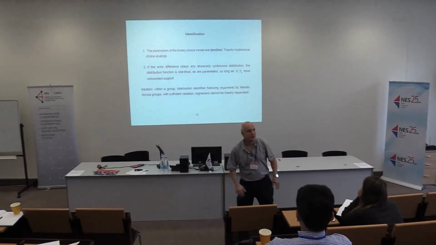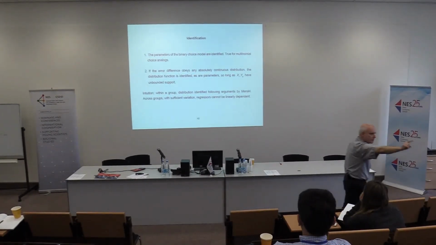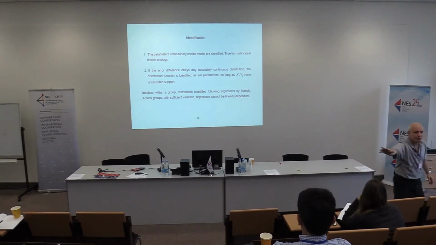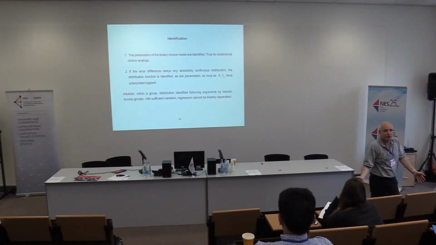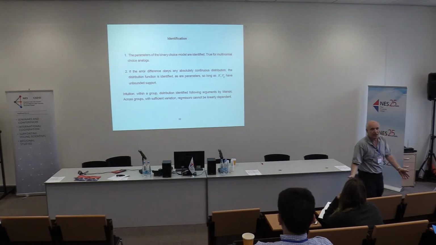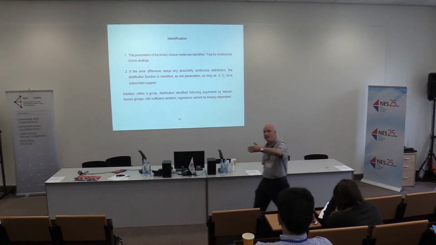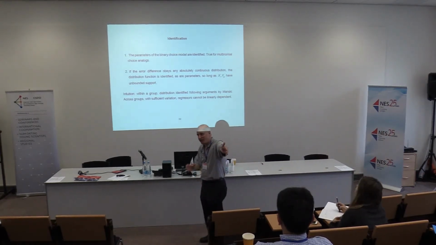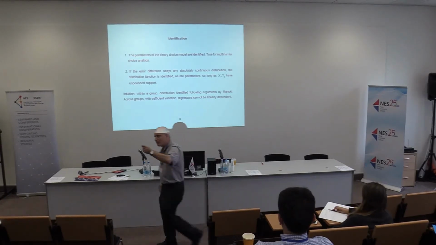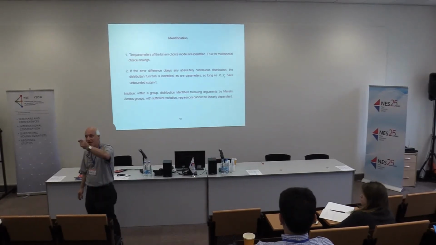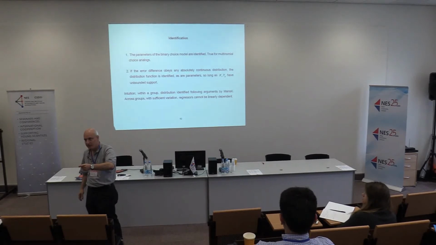I have a population of individuals. You chose 1, you chose -1, you chose -1, you chose 1, and so on and so forth. There's a likelihood for those choices. Those likelihoods are going to be the conditional probabilities of the choices multiplied together. The conditional probability of a given choice has the Logit structure.